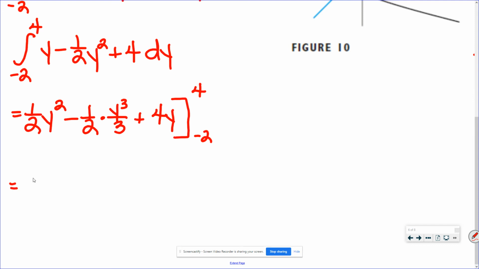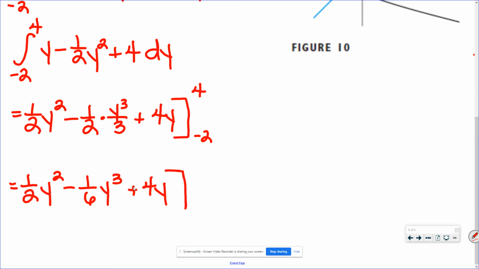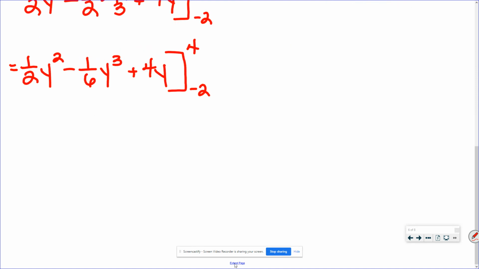Let's keep going. I think we can clean this up a bit before we plug in. So this is 1/2 y squared minus 1/6 y to the third plus 4y. And now we're ready to plug in numbers. First thing I'm doing is plugging in the number 4 all the way through.